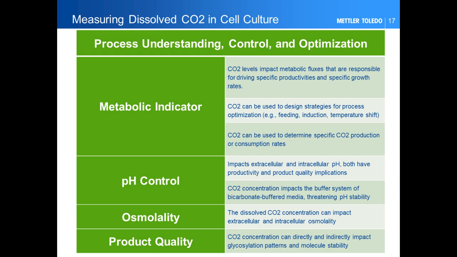CO2 will impact the intracellular pH, will impact cell and media osmolality, and dissolved CO2 will impact quality attributes that could also complicate downstream operations. Even if, for an existing process model, monitoring dissolved CO2 doesn't make sense simply because it has never impacted your process model as of today.